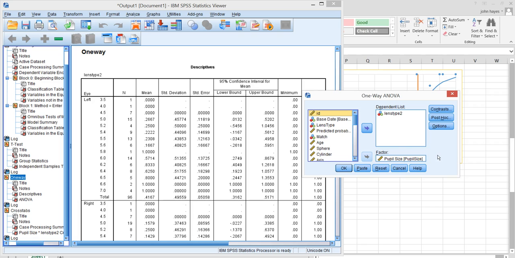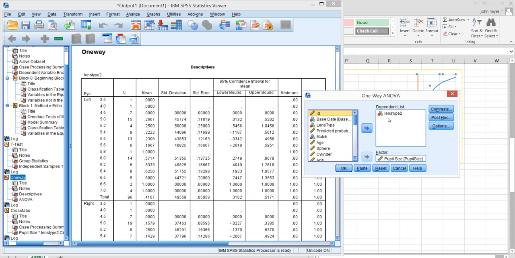This makes completely no sense if you're thinking in terms of statistics, because normally, like in the independent t-test, pupil size was up here and lens type was down here as the factor. We're going to reverse the two, because with the mean based on frequencies, if you had 10 people and 7 of them had poor control, the average would be 7 ones, 3 zeros for an average of 0.7.